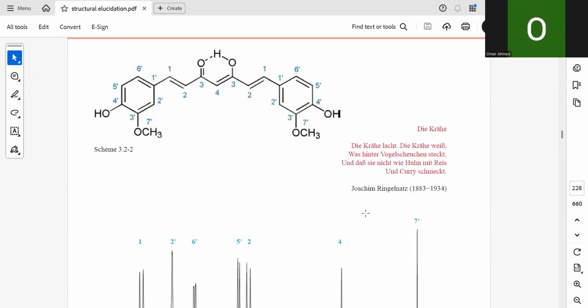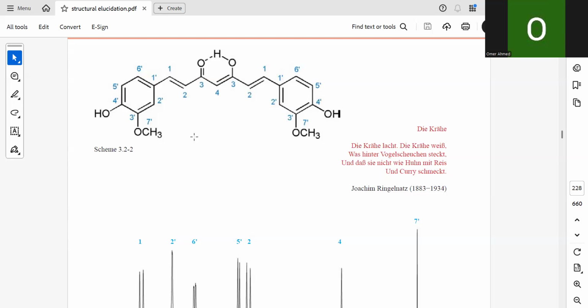This is the numbering system. In some other references they have a different numbering system, but here we will stick to the numbering of this book, and you can see very clearly that we have 1, 2, 3, 4. This one is the heptanoid and two benzene rings.